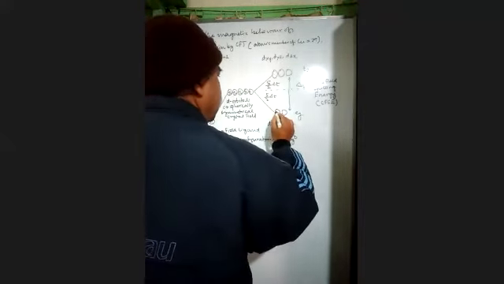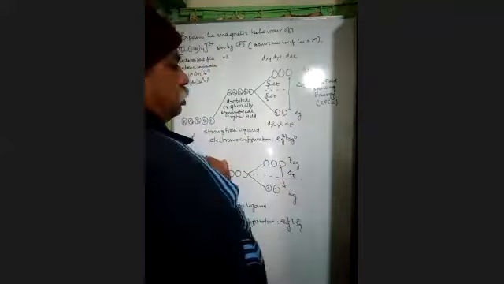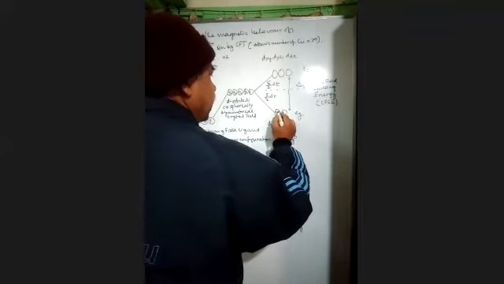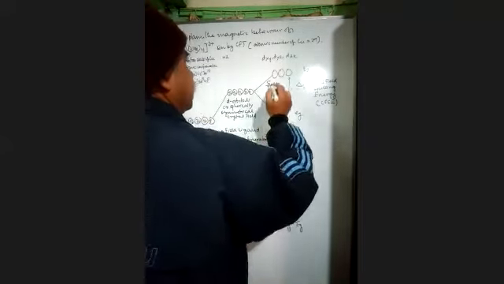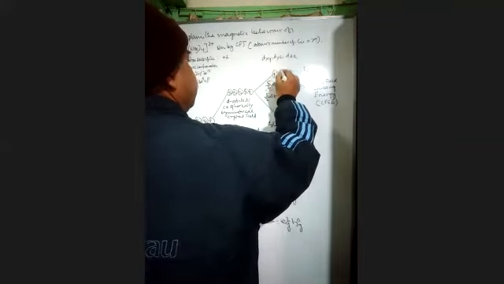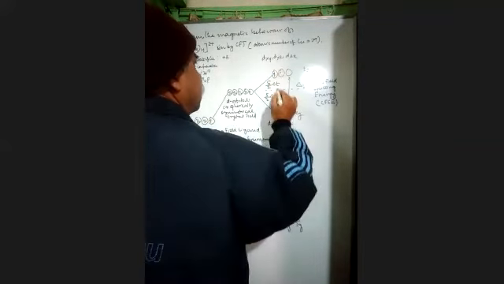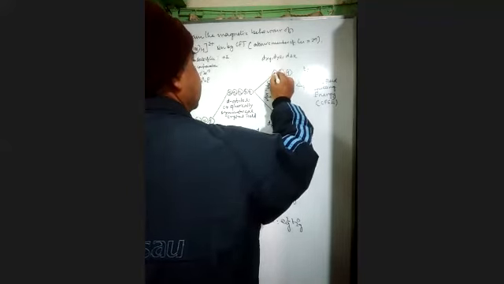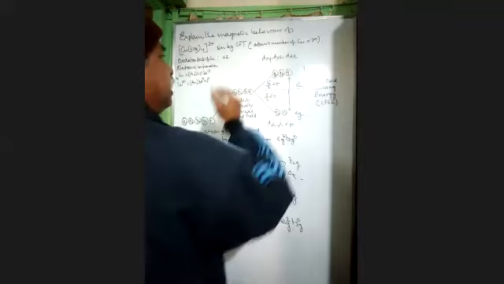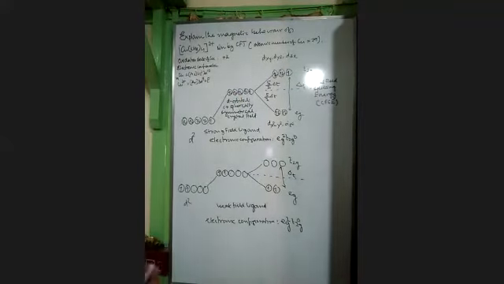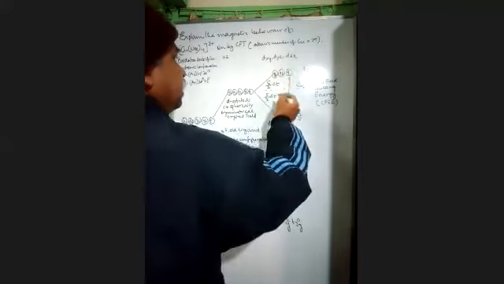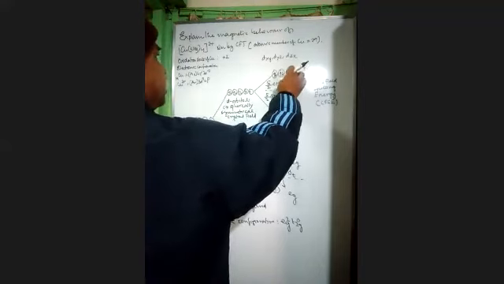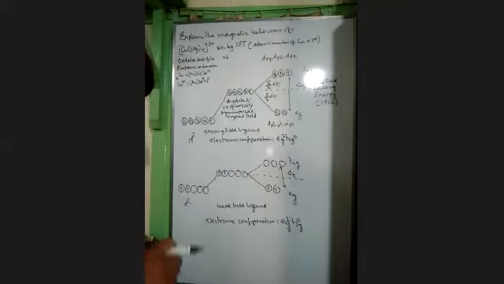So 1, 2, then the third will go here, fourth will go here, then 5, 6, 7, 8, 9. So in that case, you will find it is paramagnetic because it is having an unpaired electron.